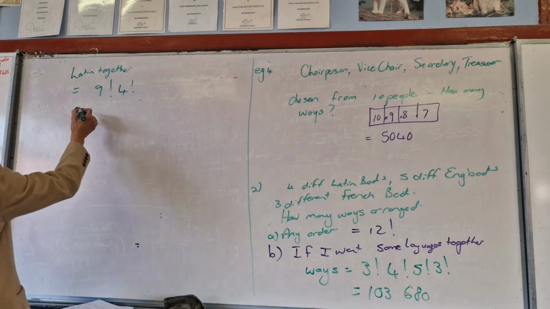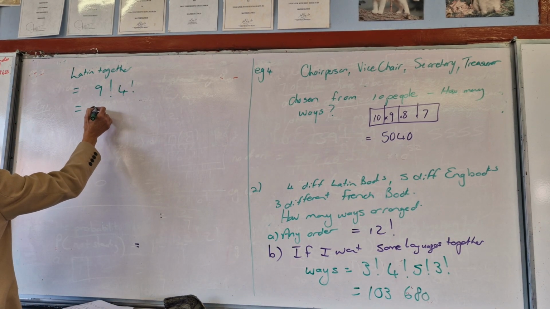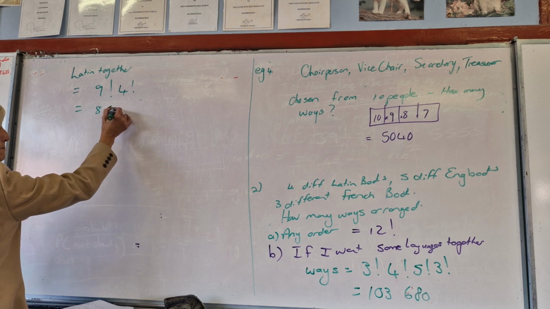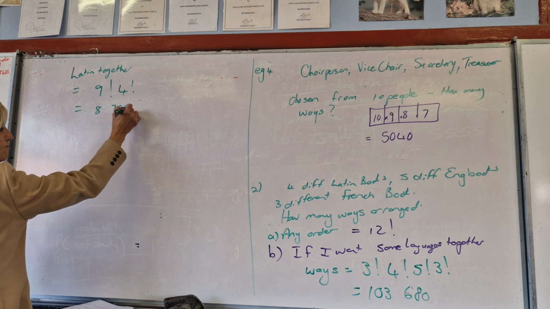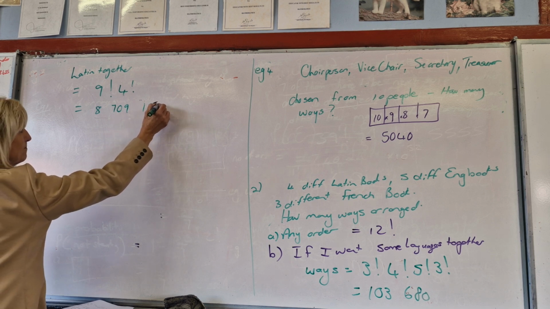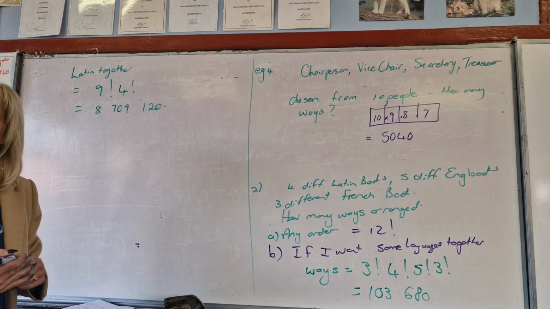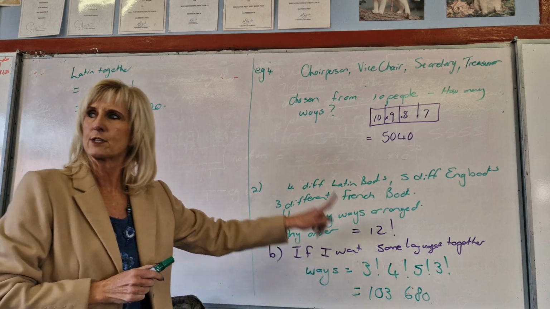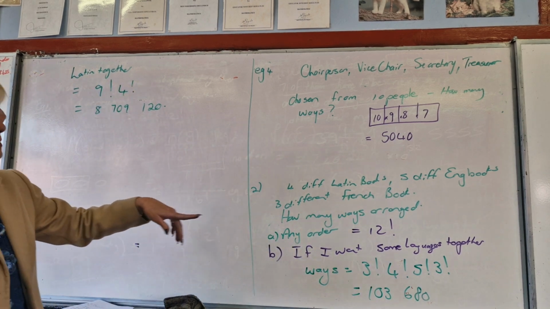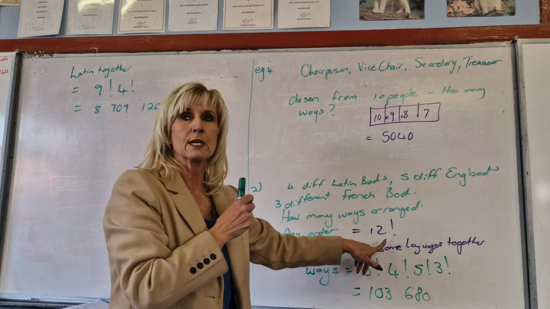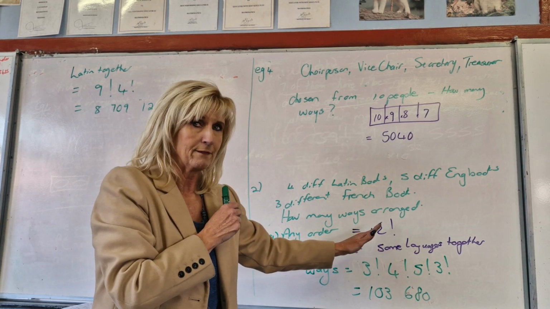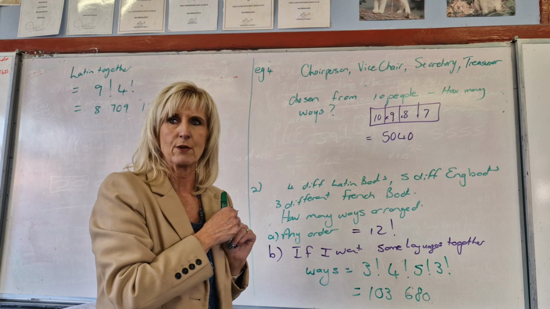And the answer is, please, 8,709,120. A lot more because I've got fewer restrictions than this. So it's a lot more. And even this one, if you wanted to write down the answer, it would be a huge amount, 12 factorial. But you can leave it in factorial form and you can give me the answer as well.